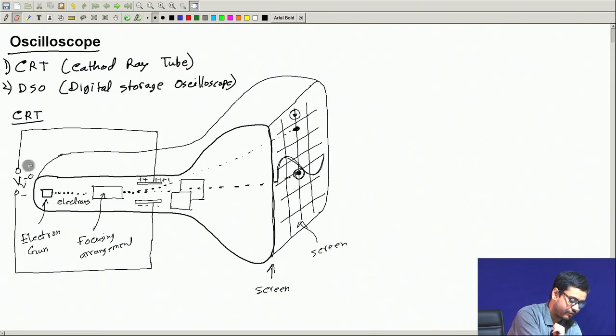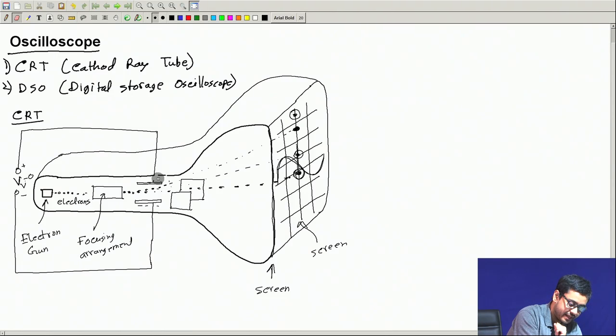Similarly, if you have only a small, slightly positive voltage here, then the electron beam will hit possibly here. And therefore, by changing this voltage, by making it more and more positive, you can drag this point up and up, or by making it small positive, you can bring it down close to 0.